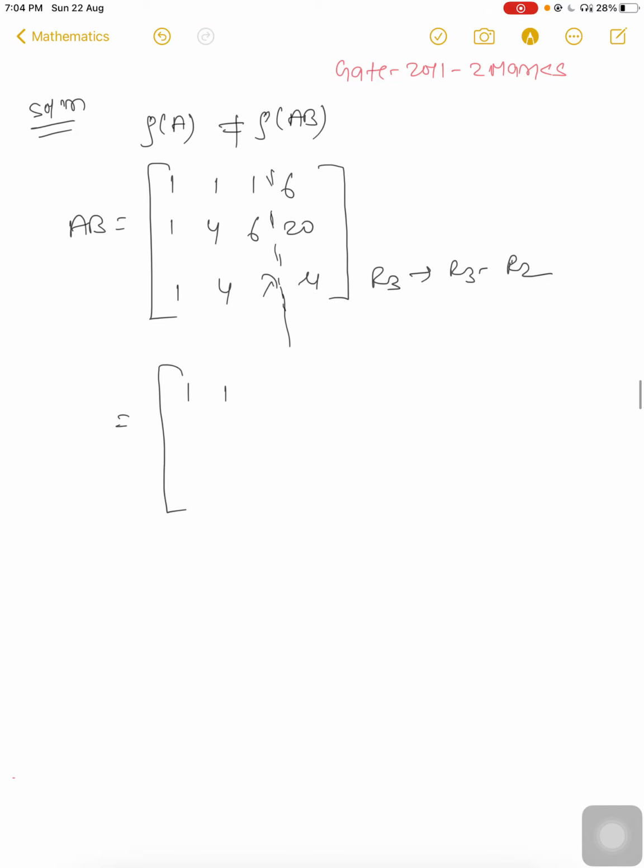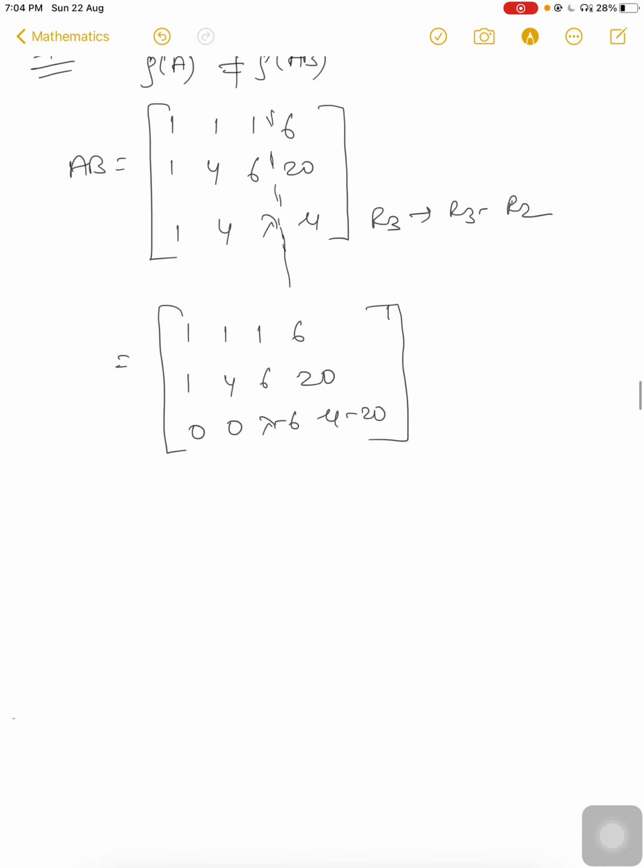So AB will be 1 1 1 6, 1 4 6 20, then 0 0 lambda minus 6 and mu minus 20. Now check this part: if lambda minus 6 becomes 0, but this element is not 0, then what will happen? Then the rank of A will be 2.